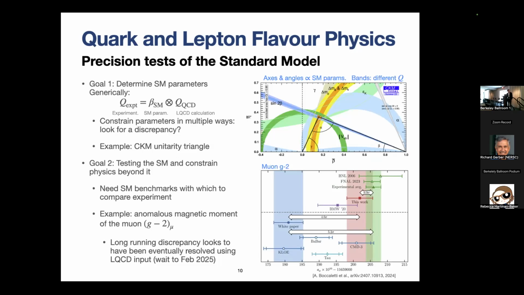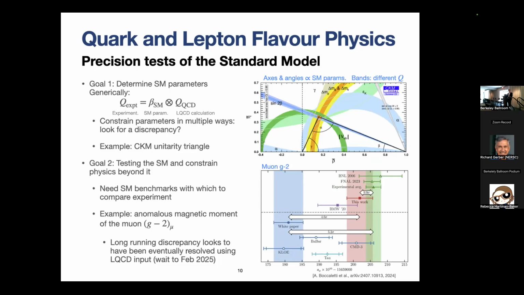So this plot is a little overpopulated, but basically, going back in time, you had the green band as the experimental result and the blue band as the theory expectation for this, and there was a big discrepancy between them. The theory was really not pure theory, it was making use of some other experiments. And with pure theory calculations of this, you actually end up with something like the red band here.